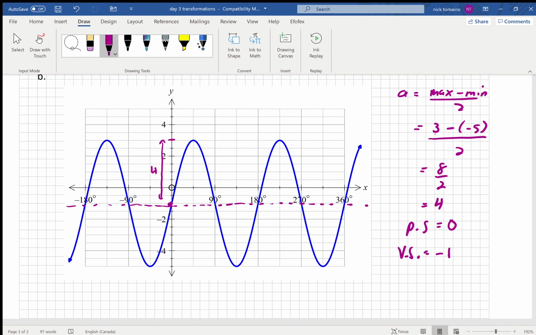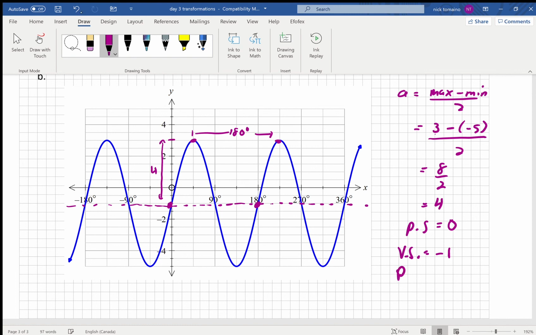And now we are looking at our period. Going from equilibrium back to equilibrium is 180, or you can go from here to here and also determine that it is 180 degrees.